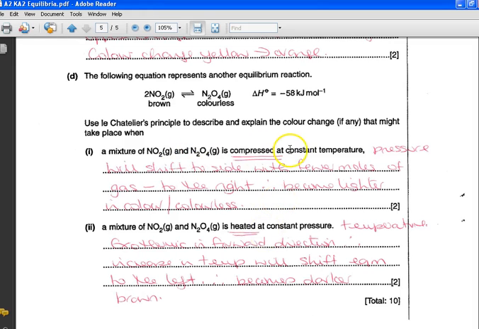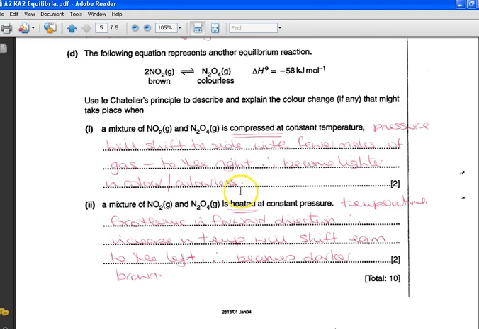So this is talking about if we increase the pressure, which side will it go? Well, obviously it's going to go to the side of fewer moles, which in this case will be to the right, and that means that the colour will change from darker brown to lighter, or colourless. Probably not going to become completely colourless because you're not going to end up with just N2O4, but that was acceptable as an answer.